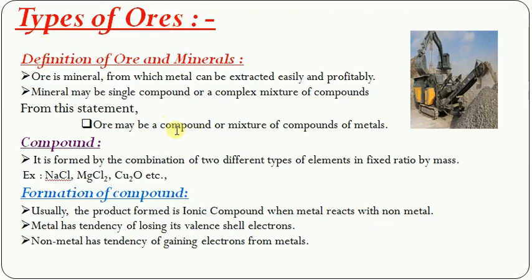So what do you mean by compound? A compound is formed by the combination of two different types of elements in a fixed ratio by mass, right? For example, sodium combining with chlorine forms sodium chloride. Here, two different elements combine to form a compound. Similarly, magnesium combined with chlorine forms magnesium chloride.